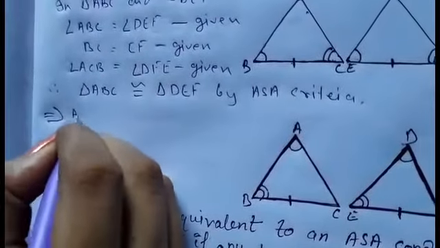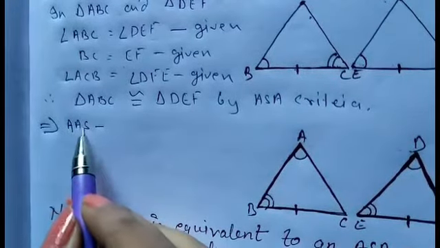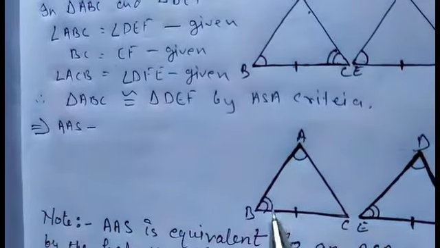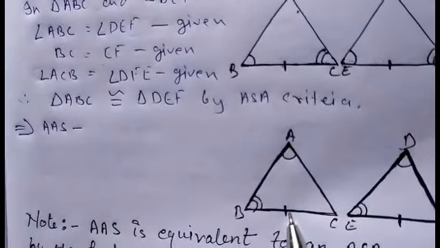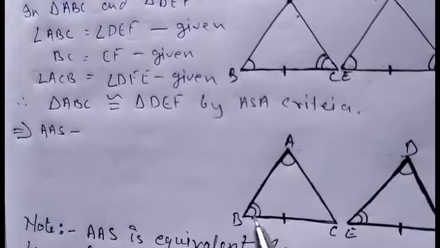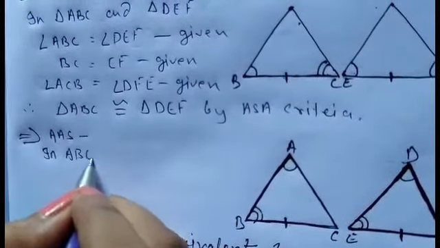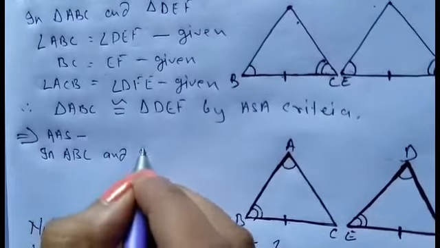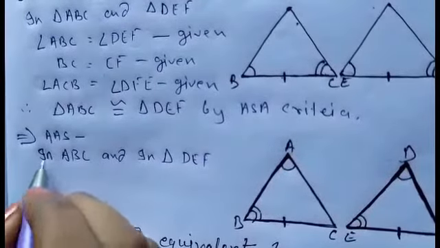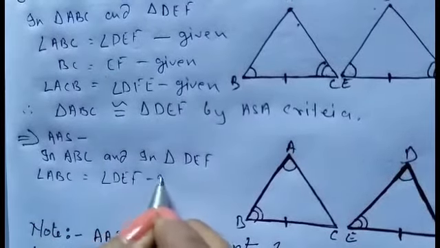Next, AAS criteria stands for angle angle side criteria. If two angles and the non-included side of one triangle are equal to the corresponding angles and side of another triangle, then they are said to be congruent. For example, in triangle ABC and triangle DEF, angle ABC is equal to angle DEF, given.